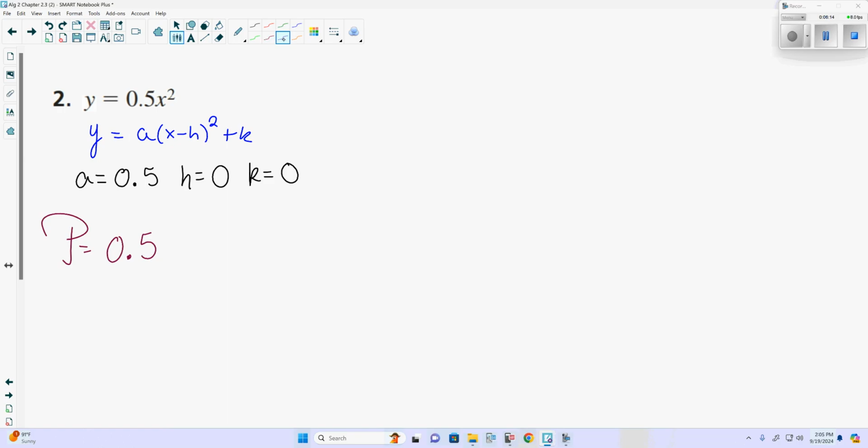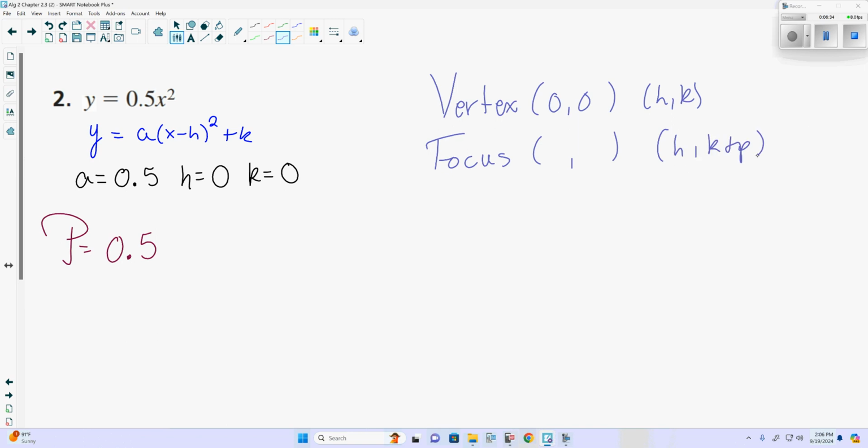We didn't ask for the vertex, but we can go on and get the vertex. Vertex is the point h comma k. So this would be 0, 0. Focus. Since we have y equals, it is now h comma k plus p. H is 0.